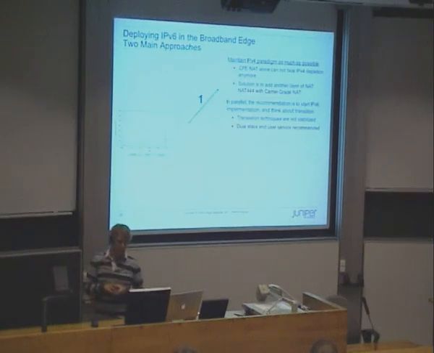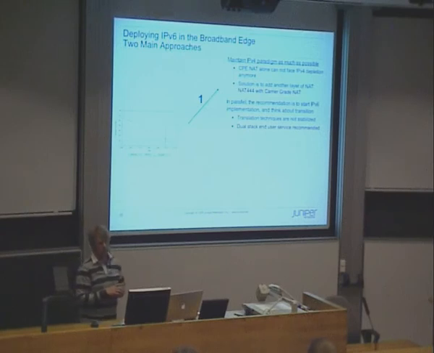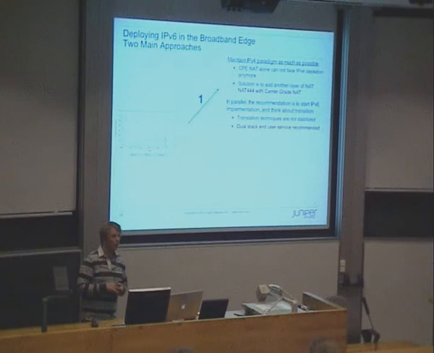So one thing is to maintain the IPv4 paradigm as much as possible, so don't do anything. Don't enable IPv6, just play against the inevitable. So that means that you need to do something better than you did earlier.